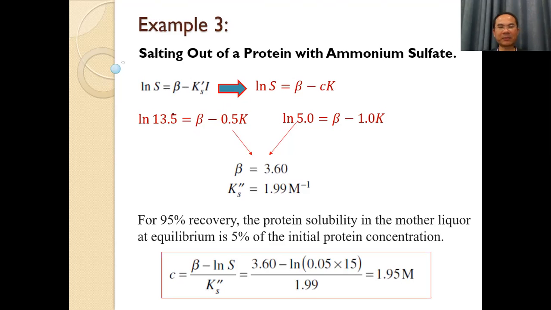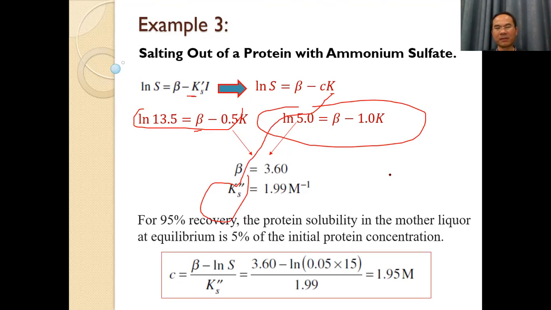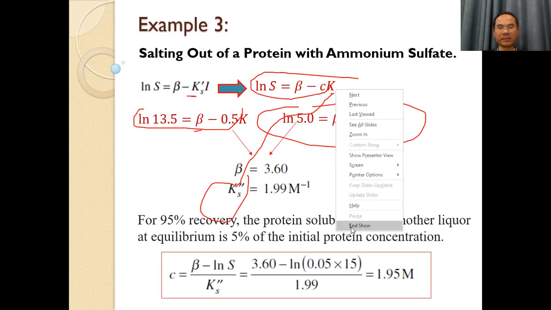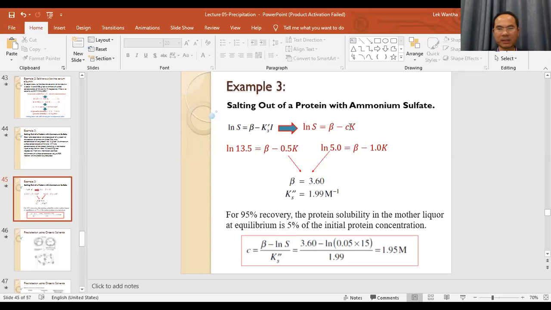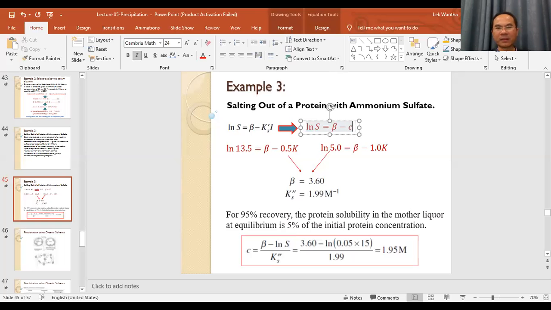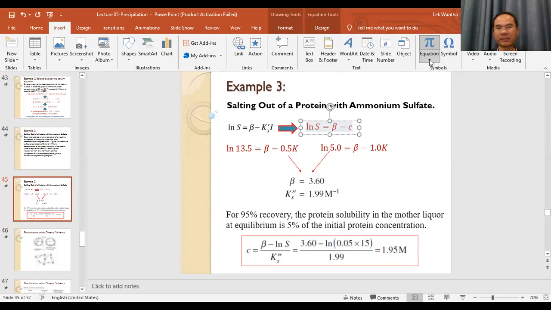If we use the data, we have two data points like the previous example, and then you calculate the constants beta and K. Okay, for this case, we use this equation.